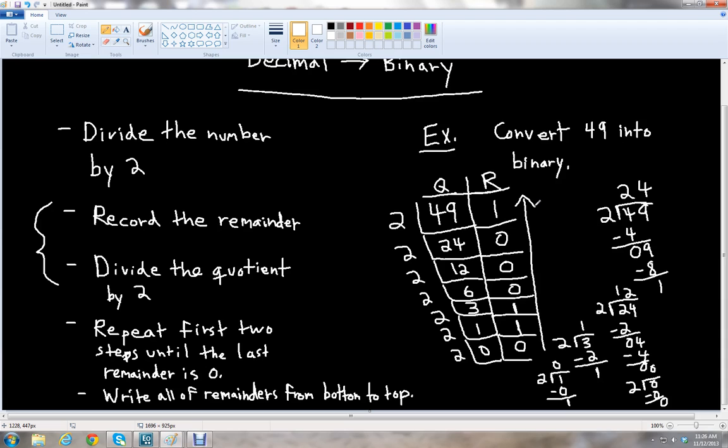So notice that we have all the remainders from bottom to top. So we have 0, 1, 1, 0, 0, 0, 1.